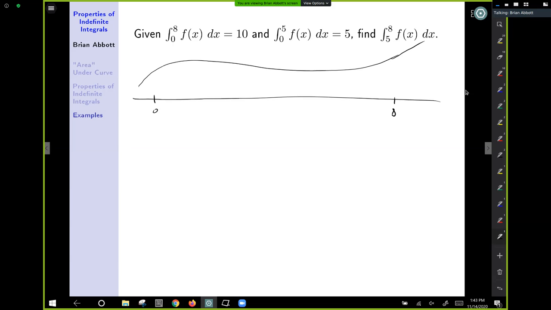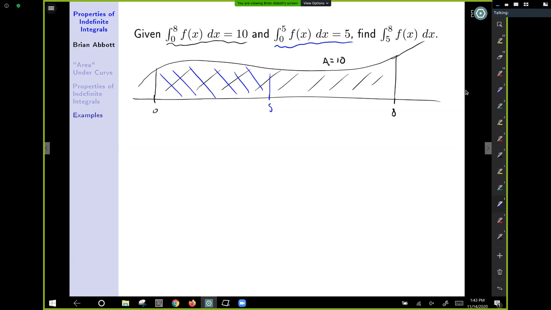We know that this whole black area from 0 to 8, from the first integral, has an area equal to 10. But the second integral tells us that from 0 to 5, we have this much area, an area of 5.